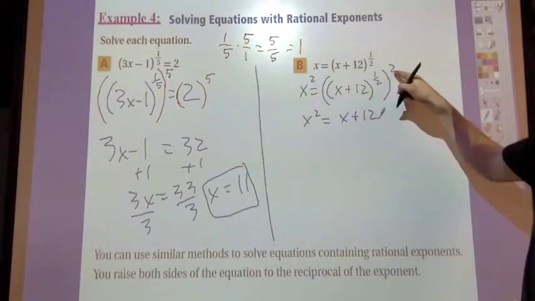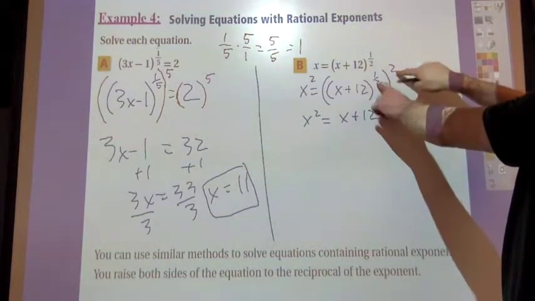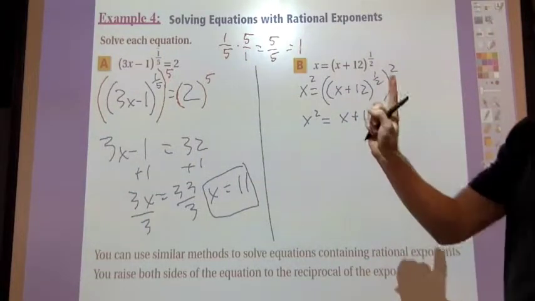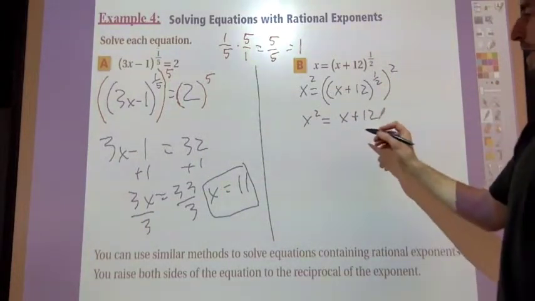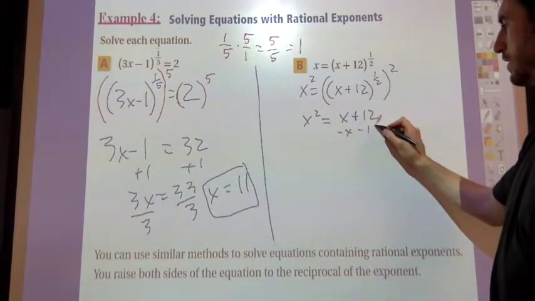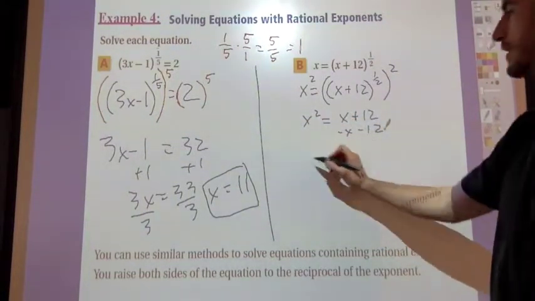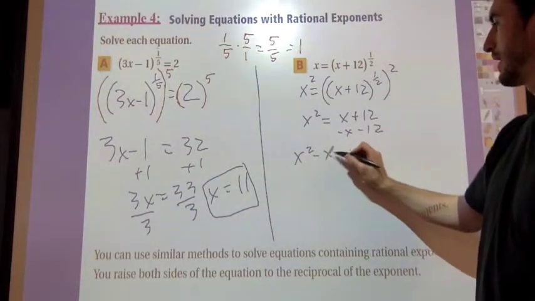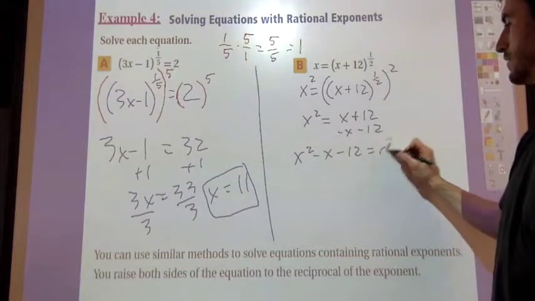Because in squaring this, I got rid of the power of 1/2. Boom, they canceled out. They became 1. Okay, so now I'm going to subtract x and subtract 12 because I like everything on my left side. And now I've got x squared minus x minus 12 equals 0.